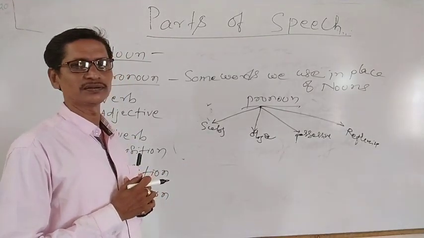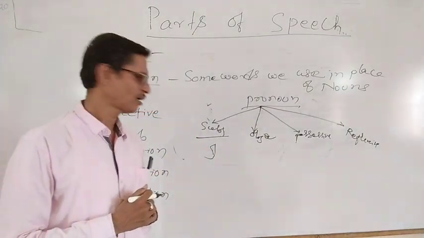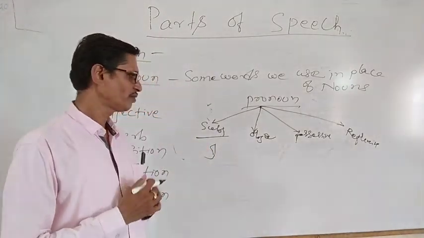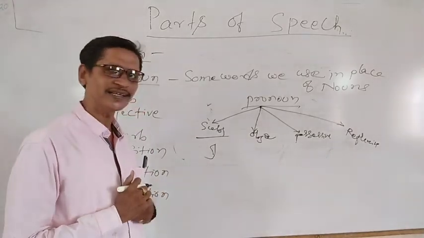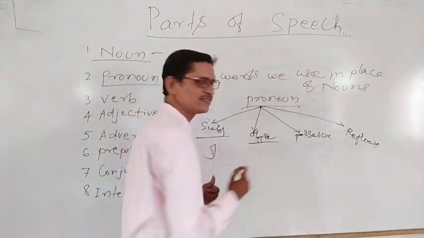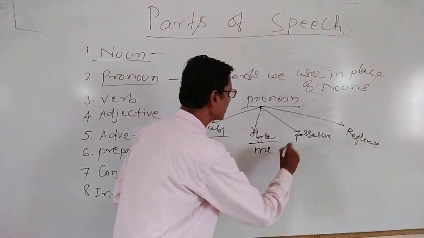For example, I is often used as a subject. When we want to use I as an object, we can't use I. We have to change to me.